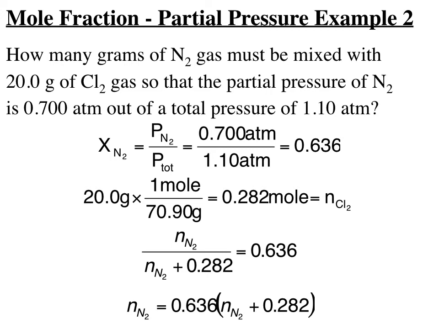So I have a little equation that I must solve for the moles of N2. How do I do this? I multiply both sides by moles of N2 plus 0.282, and I get the equation you see at the bottom. Moles of N2 equals 0.636 times moles of N2 plus 0.282. Now I'm going to distribute the 0.636 through the quantity in parentheses.